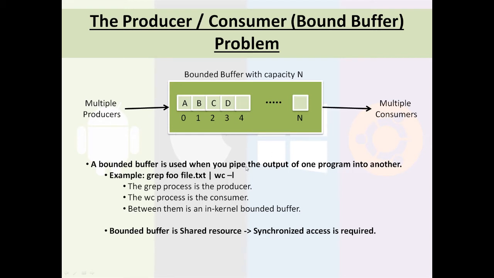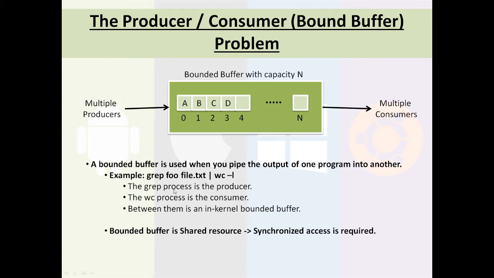This is, again, just like utilizing a bounded buffer. This example runs two processes concurrently. Grep writes lines from a file that contain the string foo.